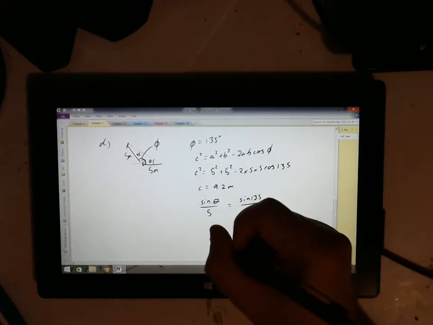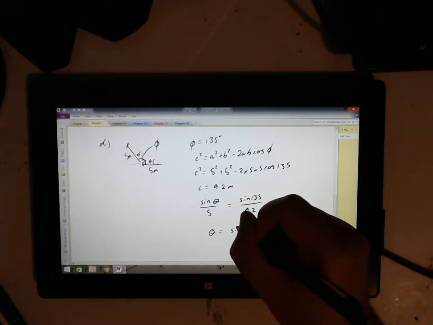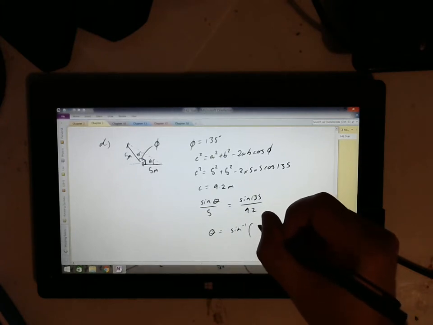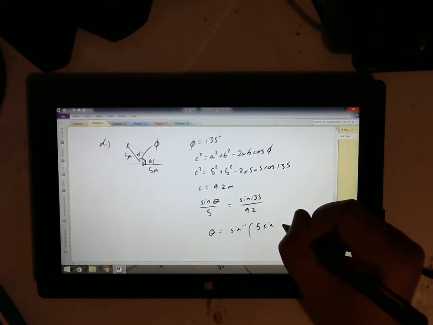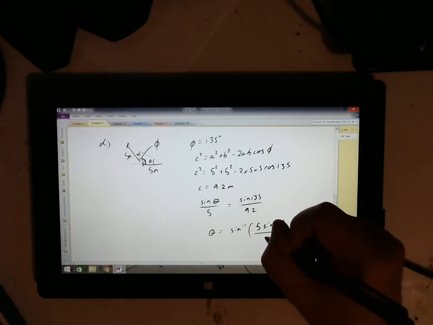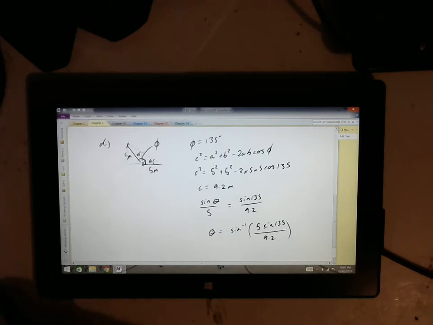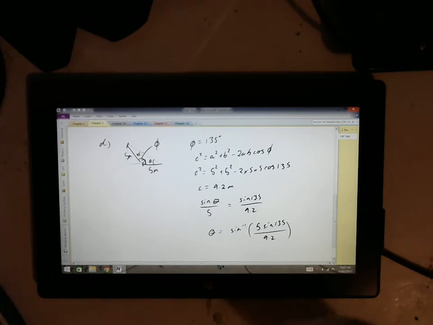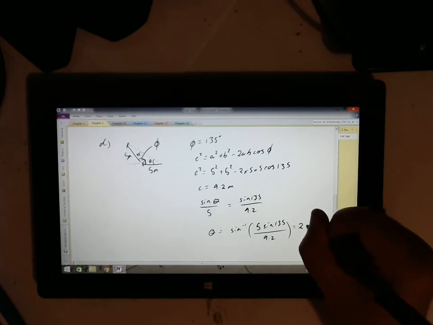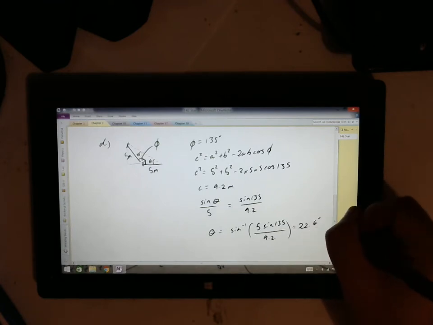So if we rearrange that, theta will equal arc sine of 5 sine 135 divided by 9.2. So sine of 135 times 5 divided by 9.2. Take the arc sine of that. We get that it is equal to about 22.6 degrees.